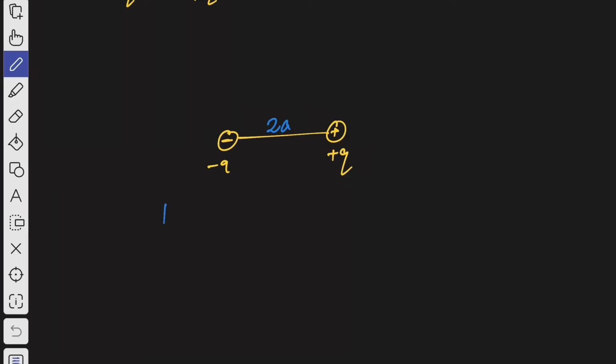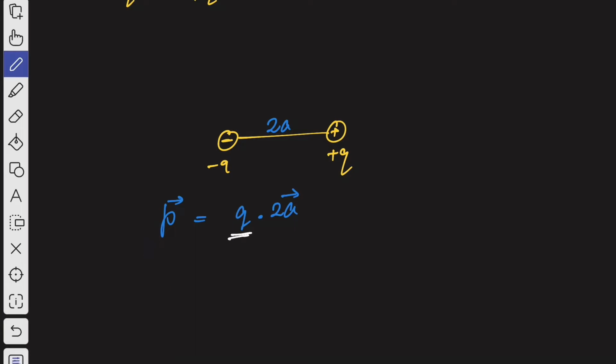Then the dipole moment is represented by small p, and it's a vector quantity. It's given by the charge on its pole, q, times the separation between them, twice a.